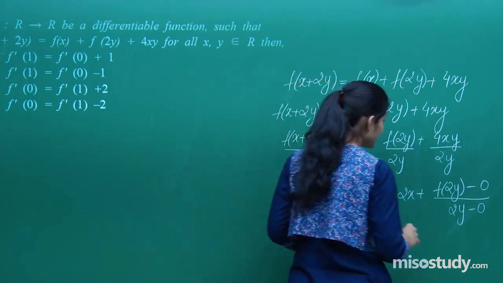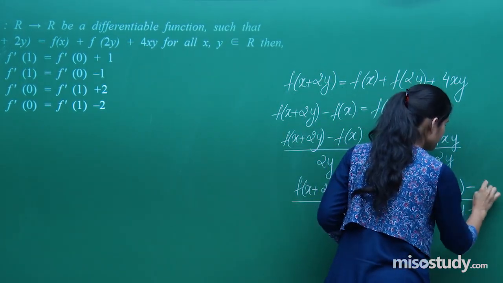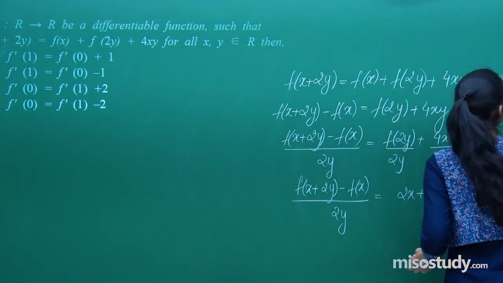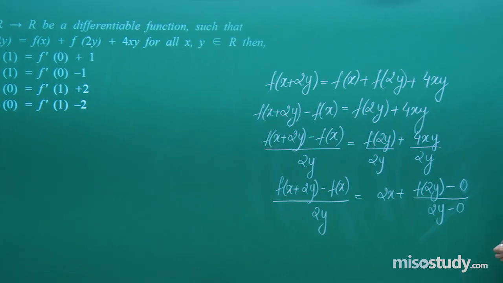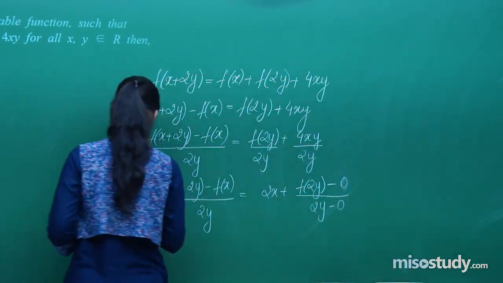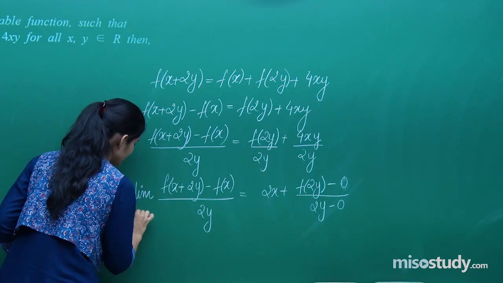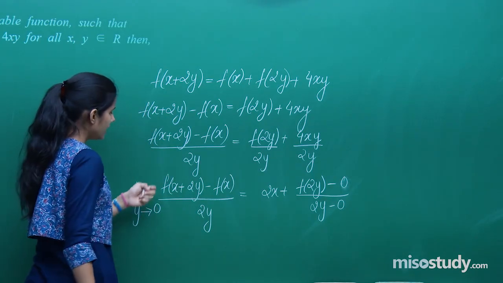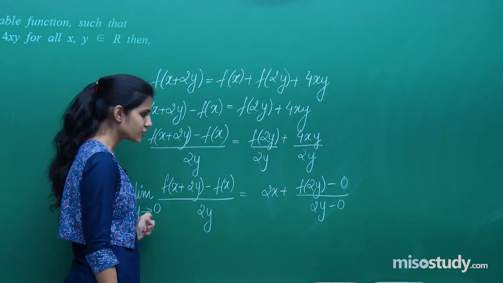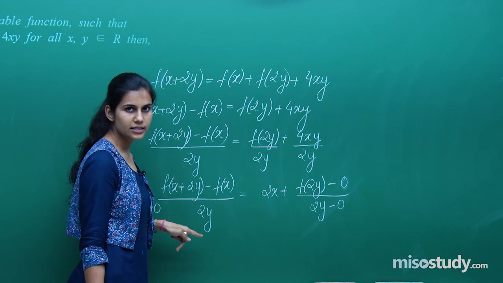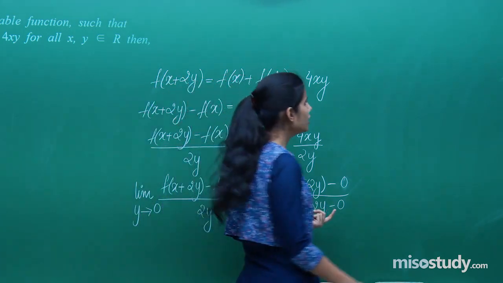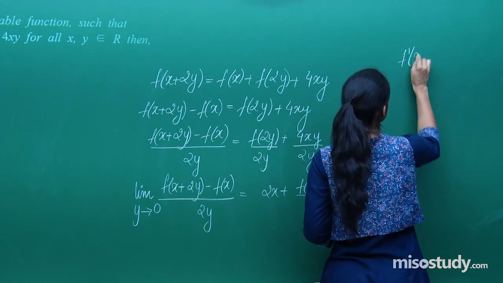So over here, if I apply limit y tends to 0 both sides, what is it that I get? Limit y tends to 0 gives me f of x plus h minus fx whole upon h as h tends to 0, which is actually f dash x. h is being played by 2y in its role, so this becomes f dash x.